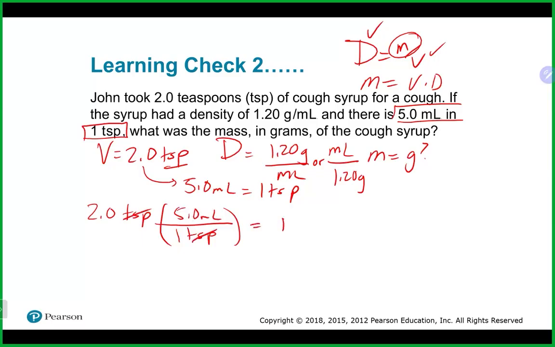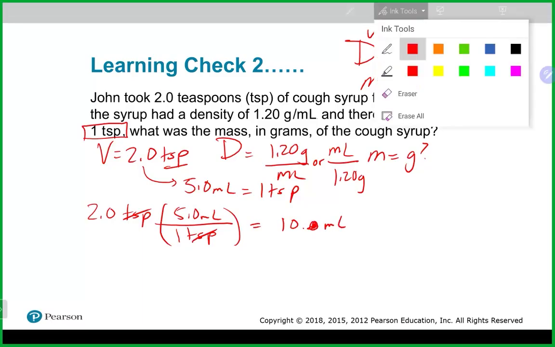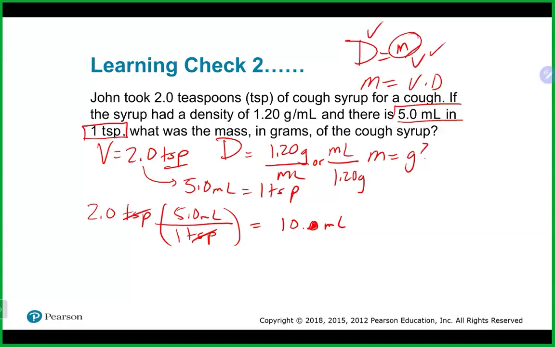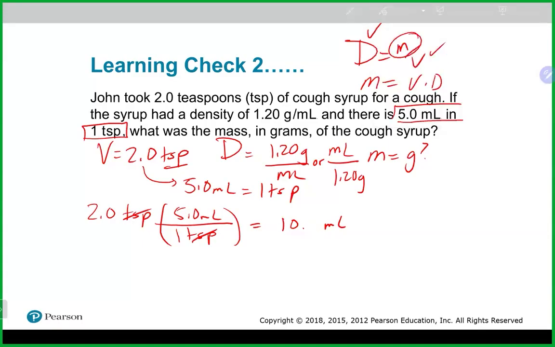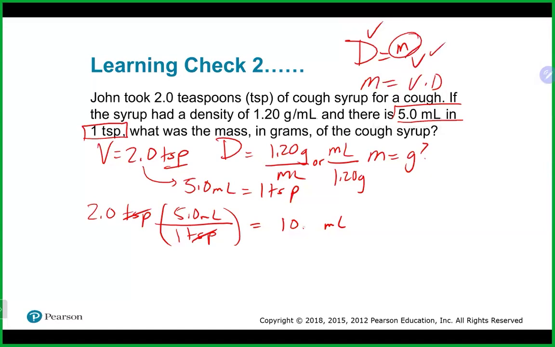That's going to cancel, going to give us 10 milliliters in this particular case as our volume. We now have really our volume in the correct units to use the density and a dimensional analysis approach. Here, this is 2 sig figs, by the way, right? And 2 sig figs.